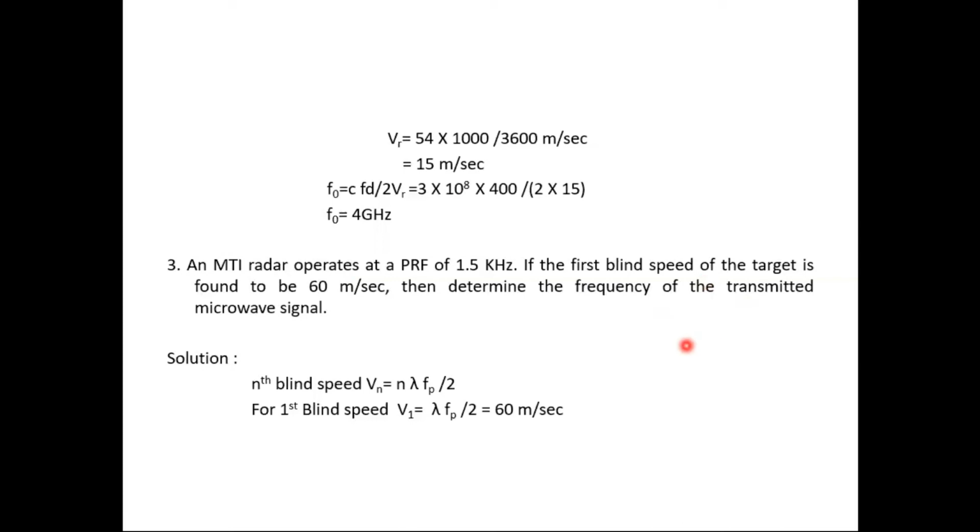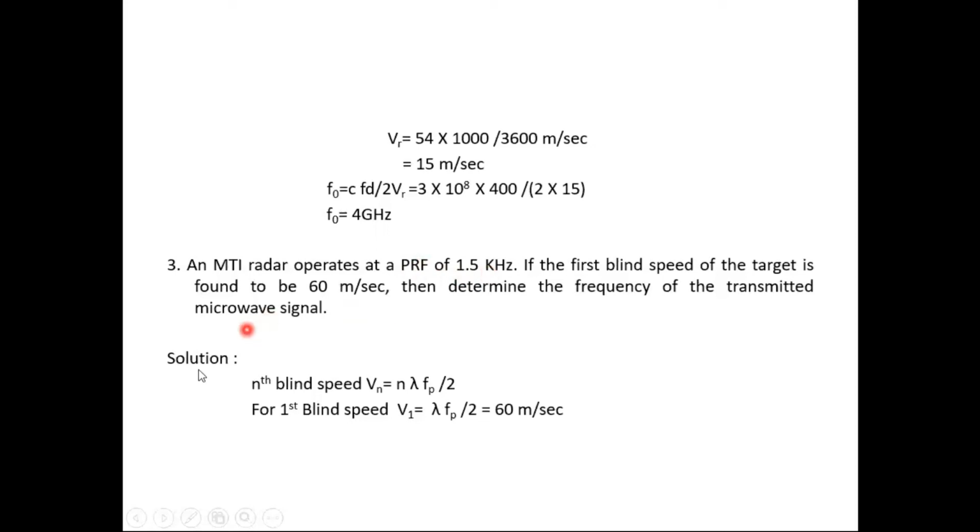But before calculating this, we first have to calculate the value of lambda, because the blind speed is given and the value of fp is given, which is around 1.5 kilohertz.